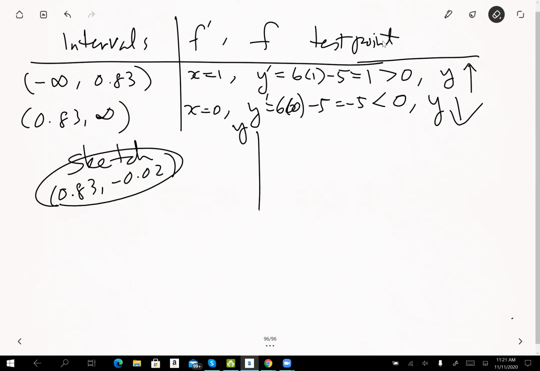The test point corresponds to the other interval. It's okay, we just swap. It's the other way around. So x equal to 1 means the interval is from 0.83 to infinity. Right?